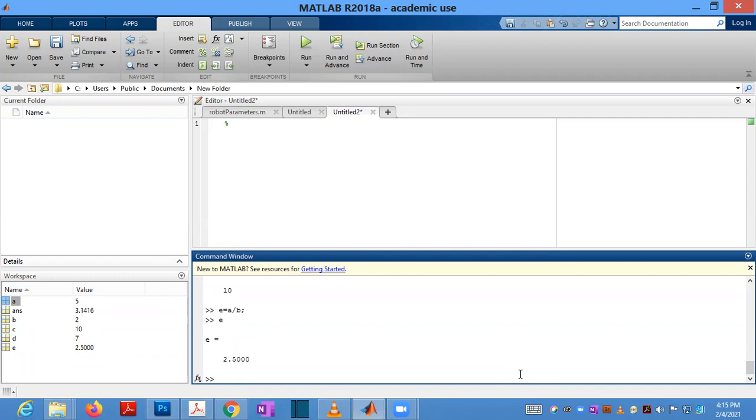If you use the forward slash, the division will be A by B. With the backward slash the answer will be B by A. That is the difference between the backward slash and the forward slash. One is A divided by B and the other is B by A.